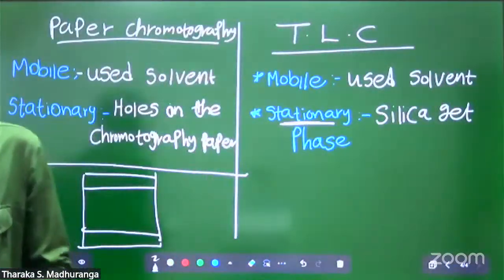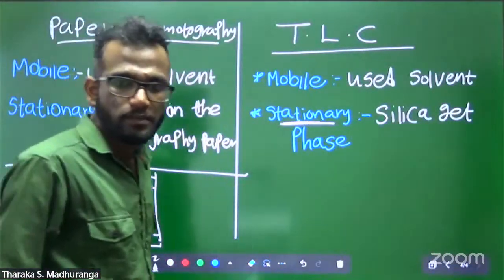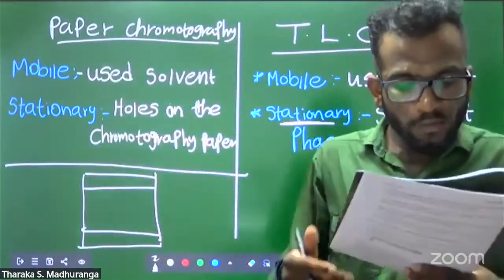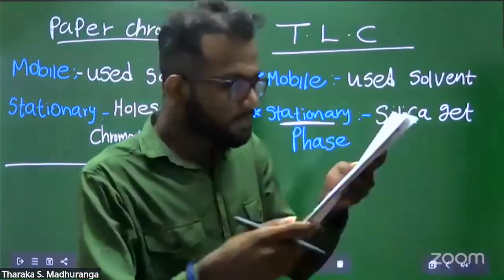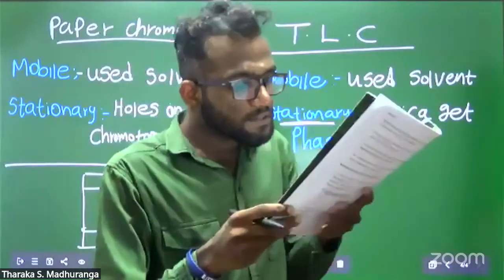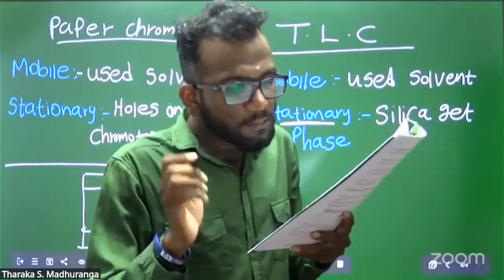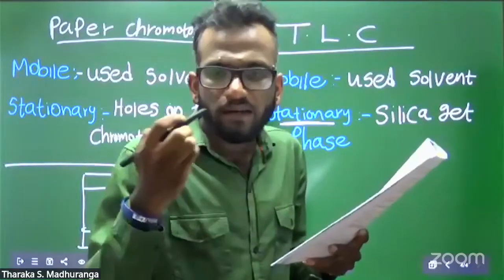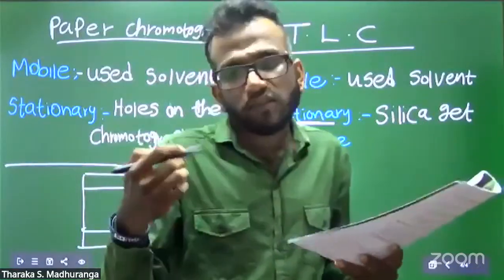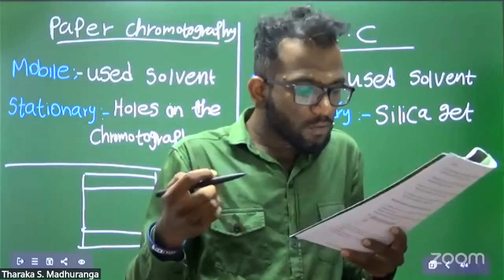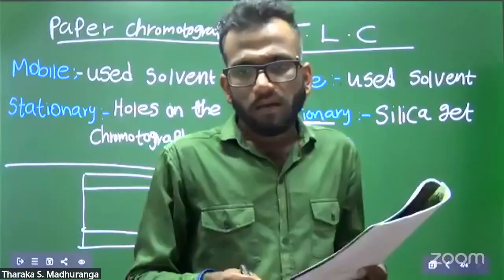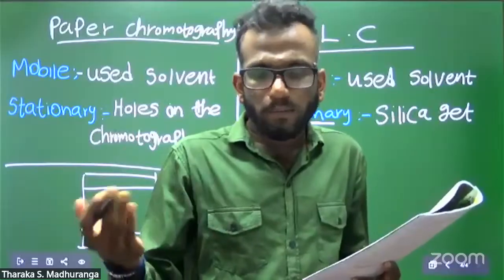Okay, I think you got thin layer chromatography. In thin layer chromatography the stationary phase is silica gel, and the mobile phase can be hexane, dichloromethane, water. They are solvents, and they can be polar or non-polar.